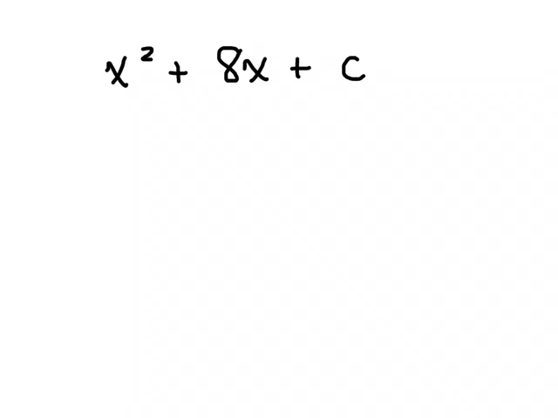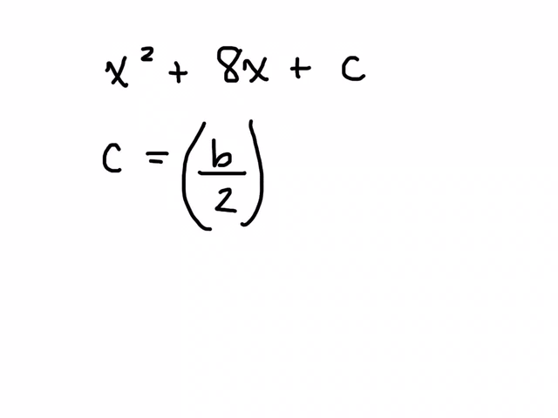Okay? So if we need to find c, you're working backwards. The opposite of multiplication is division. So I'm going to take b and divide it by 2 instead of multiplying it by 2. And what's the opposite of square root? Square. That's how you find c, okay?